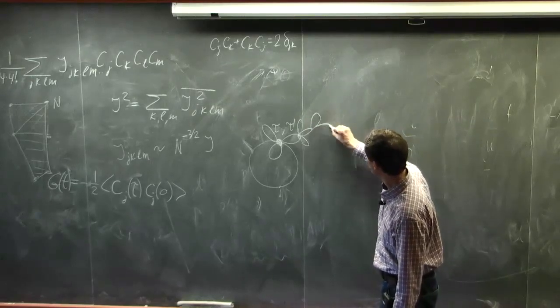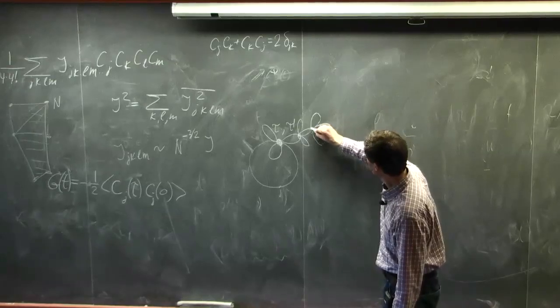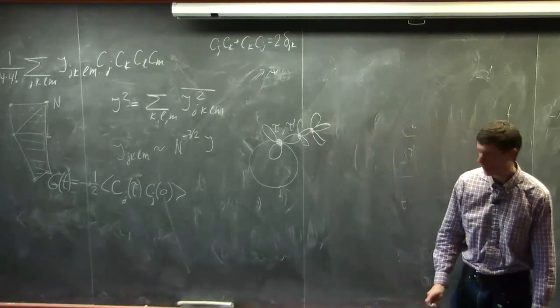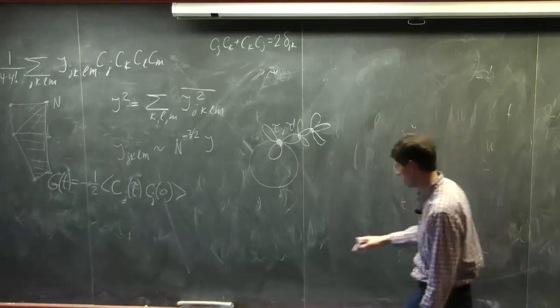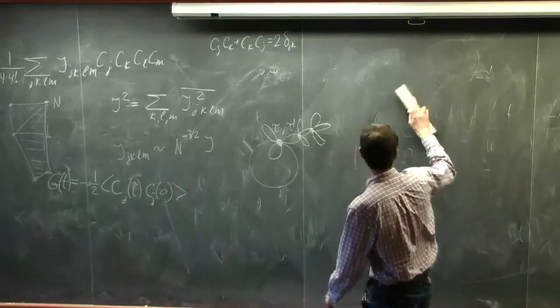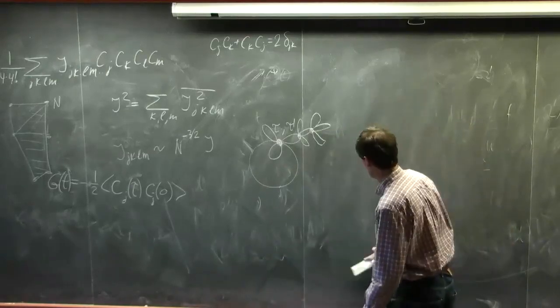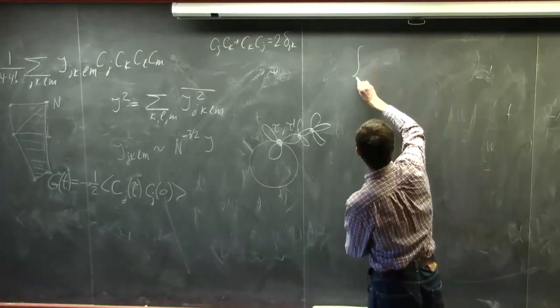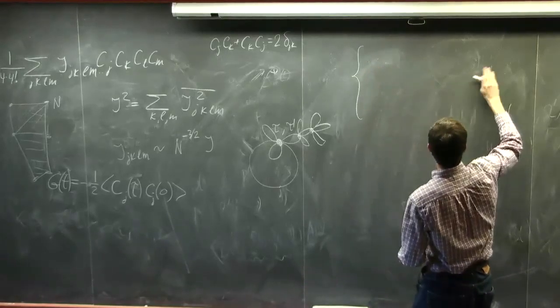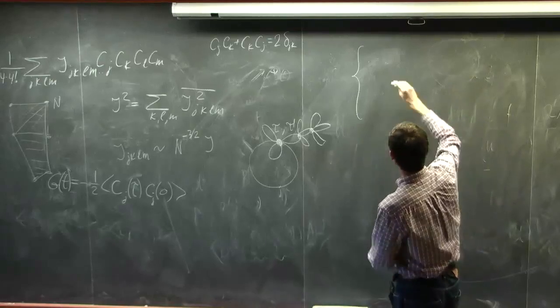And this includes diagrams of the same form, and so on. And this amounts to some equations for the green function. So one equation is the Dyson equation.